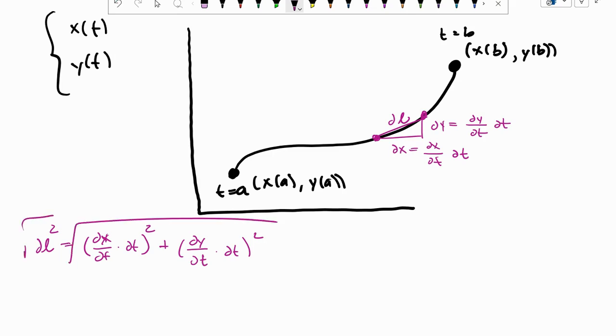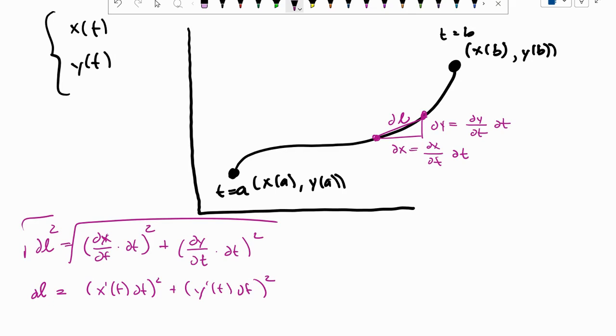Now we take the square root of both sides, and we're left with dl equals the square root of (x prime of t dt) squared plus (y prime of t dt) squared.